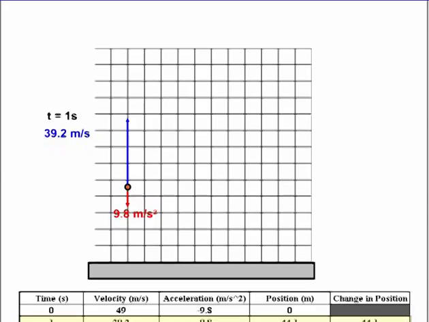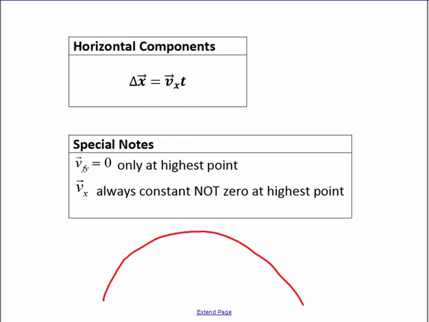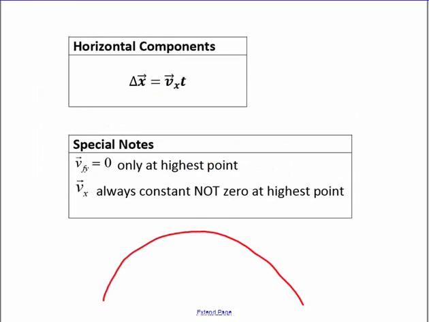I'll come down here and see what's changed. When t is equal to 1, my velocity has reached 39.2 meters per second. My acceleration will never change; it's negative 9.8. My position now, I've gone up 44.1. And again, this position is based on just using these equations right here. Using this specific equation, you can find your position in the y direction.